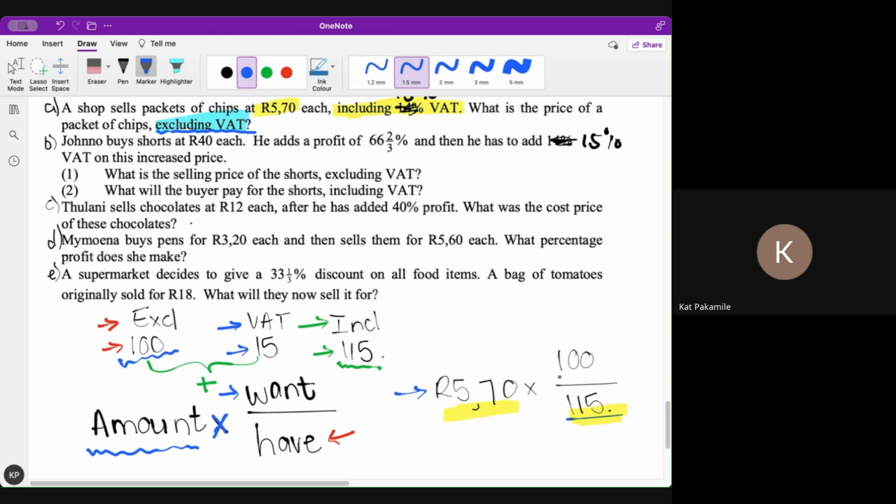So what I want is 100 over what I have. Okay, so this 5 Rand 70 that I have, which part of it is that? It is the price including VAT. And this price including VAT is 115. So what you want over what you have, and you will get your answer.